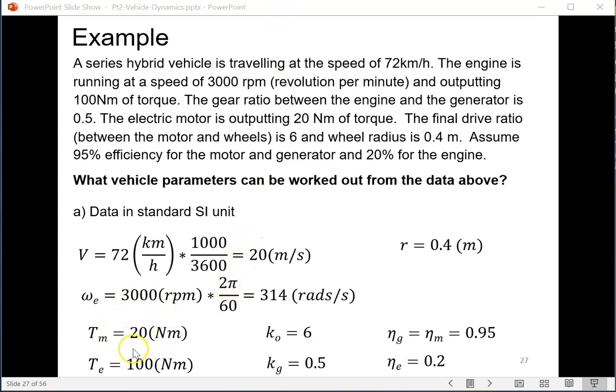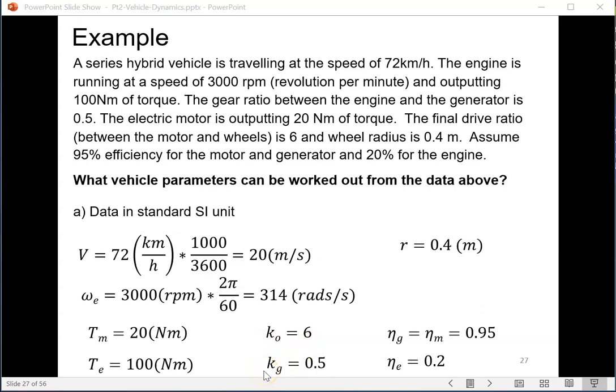The torque from the motor is 20 Newton meter, that's standard SI unit. The torque generated from the engine is 100 Newton meter, again in standard SI units. The gear ratio between the motor and the wheels is 6, that's K0 equals 6.